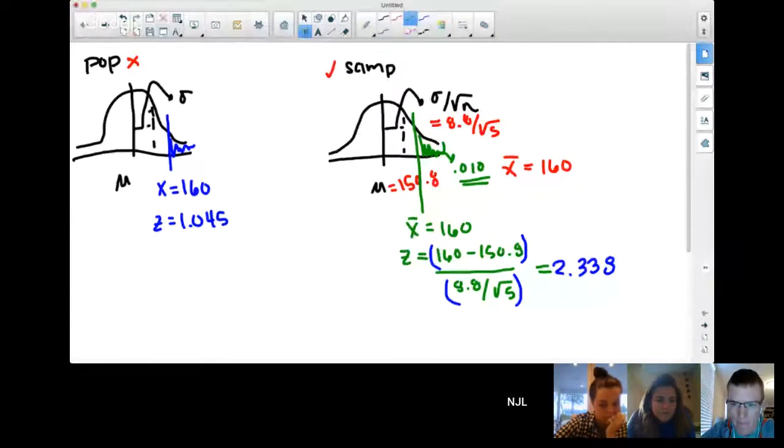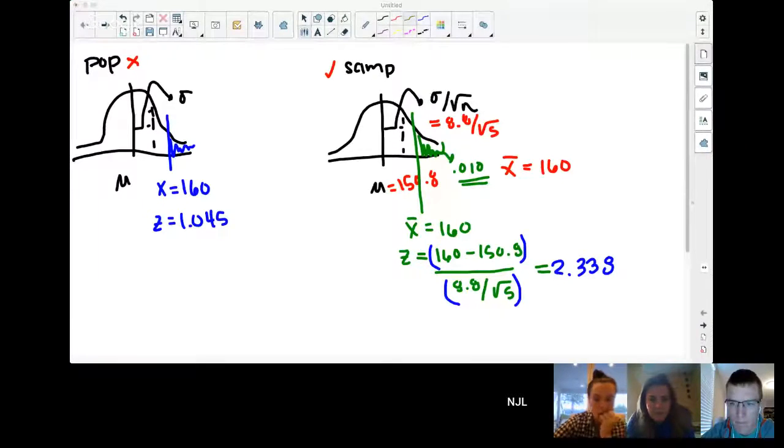Okay, so let me just explain. So now all of a sudden, like before, you had a 15.8% chance that you would find a single person above 160.